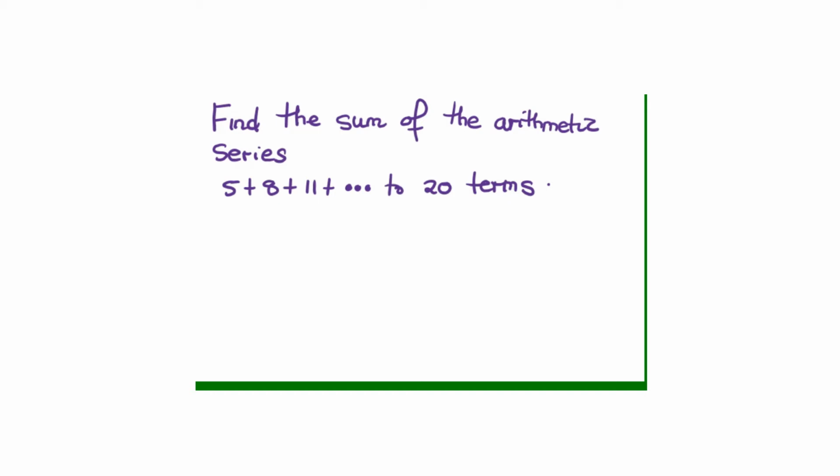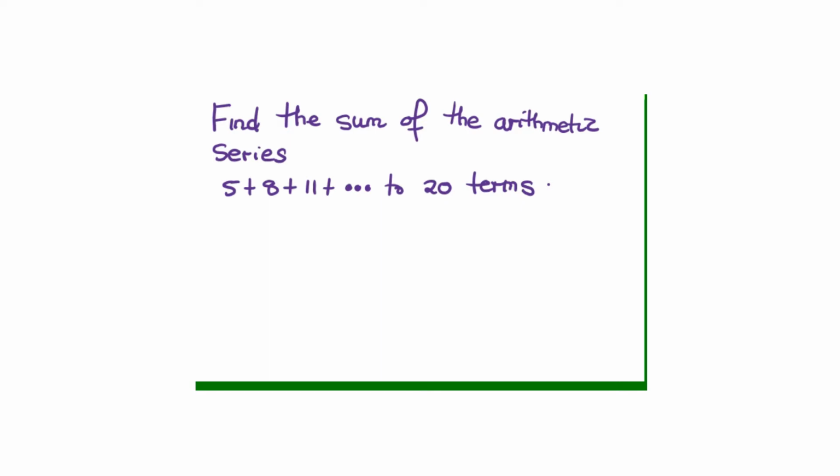Right. The question here requires us to find the sum of the terms in an arithmetic sequence. That is to say, if you are given an arithmetic sequence, for example, 5 plus 8 plus 11 plus the next term, which is 14, plus 17 plus, and so on.